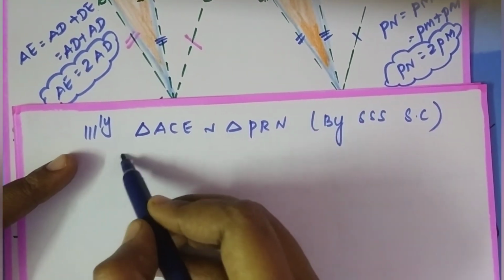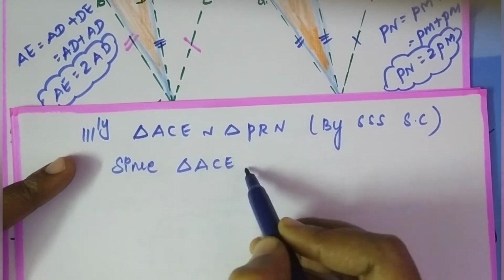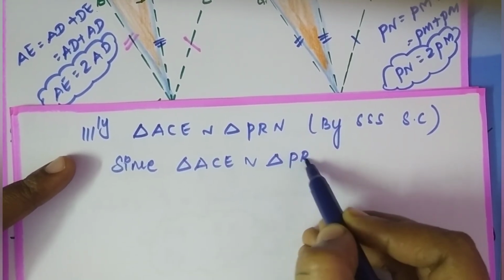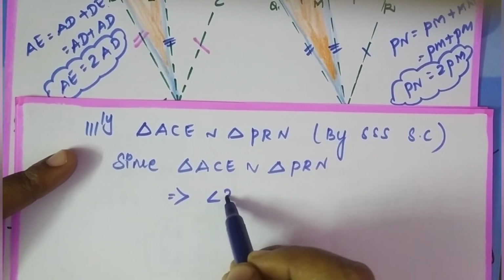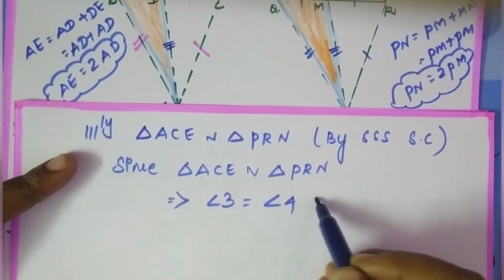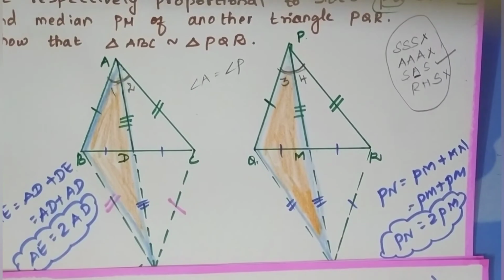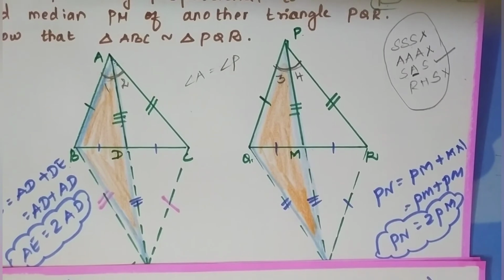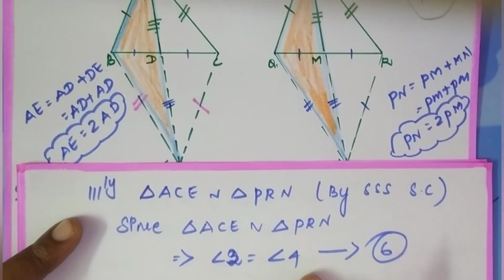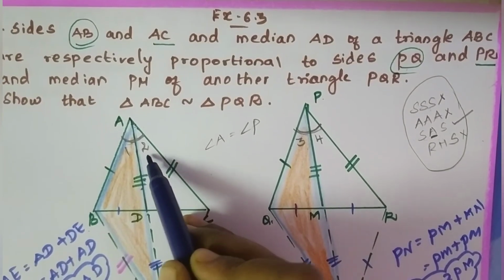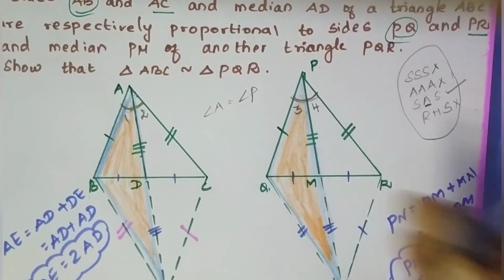So since triangle ACE is similar to the triangle PRN, I can tell that angle 3 is equal to angle 4. Mark this as equation 6. Clear, Kana? Sorry, angle 2 is equal to angle 4.